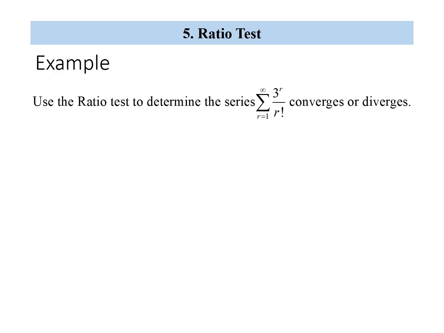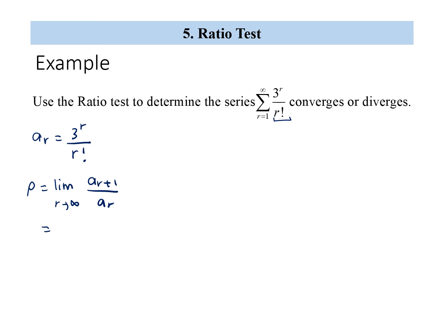Now let us try this example to show you how to use the ratio test to determine whether the series converges or diverges. What we need to do is write down our a_r, where a_r here is given as 3^r over r factorial. The next thing is you have to get rho, which is the limit of a_(r+1) over a_r as r approaches infinity.